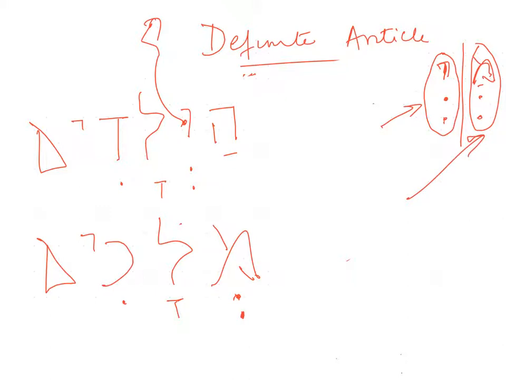If I want to say the kings, I just put a he with a patak. Sometimes the dagesh forte will drop out, but in this case I observed that the dagesh forte is there, which is good for me. I can easily say it is the kings by looking at this. Remember, by default the definite article is he with the patak and a dagesh forte. So that is clearly seen here.